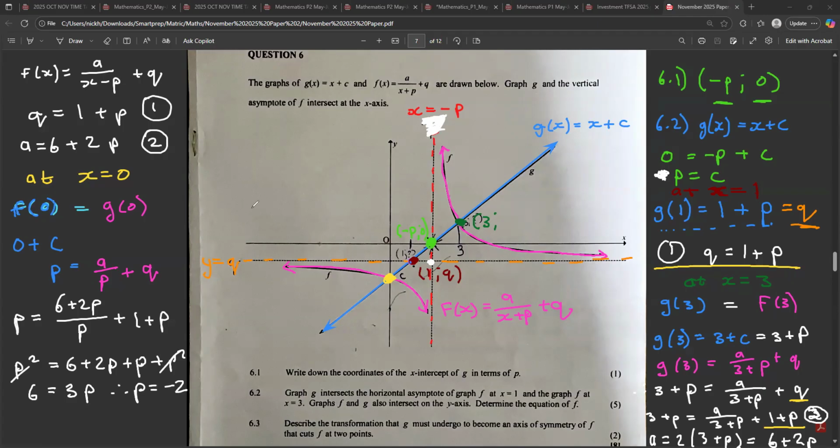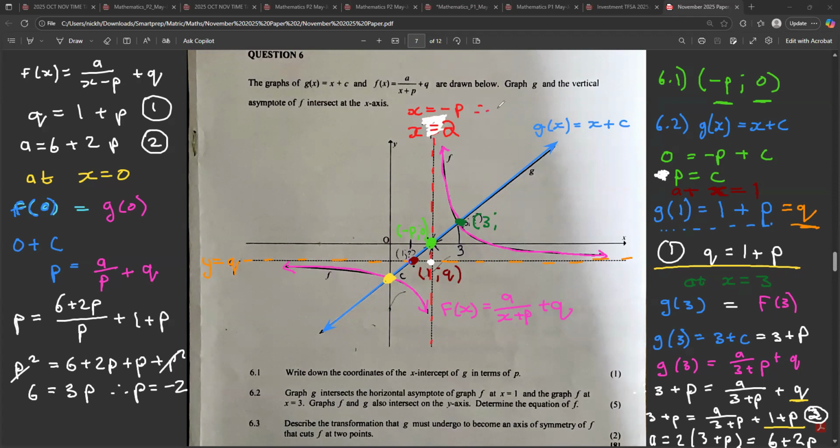Because you've got x is equal to 2, right? Because if p is -2, x is equal to -p, right?